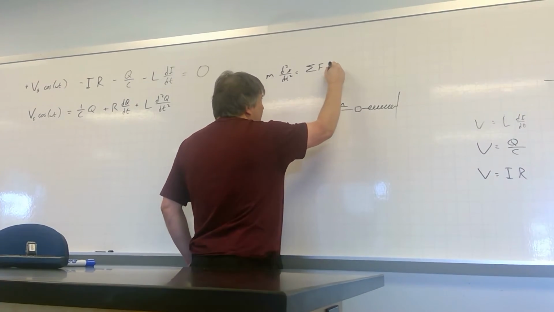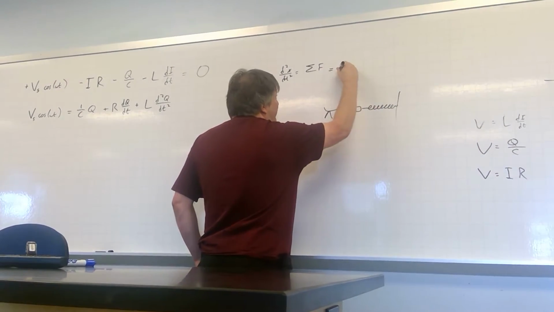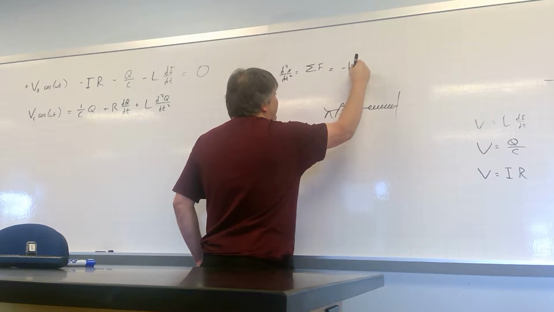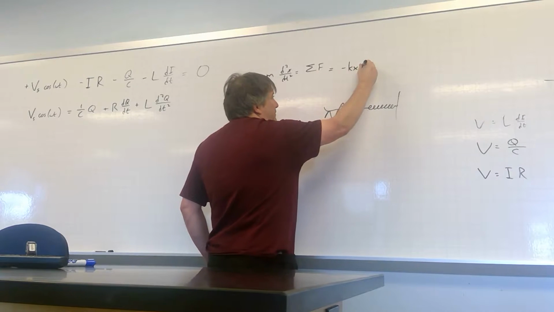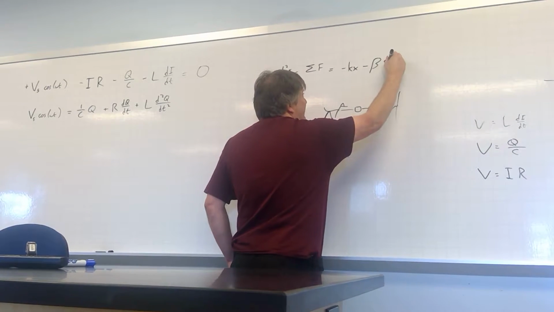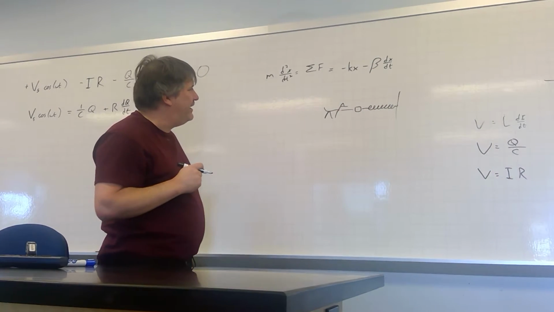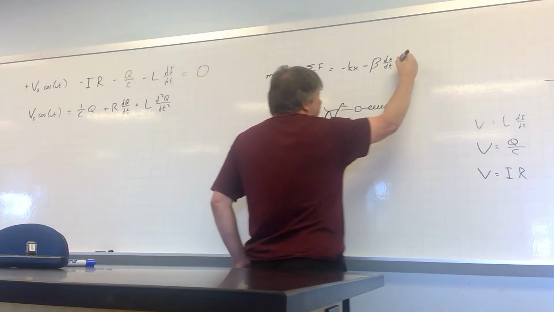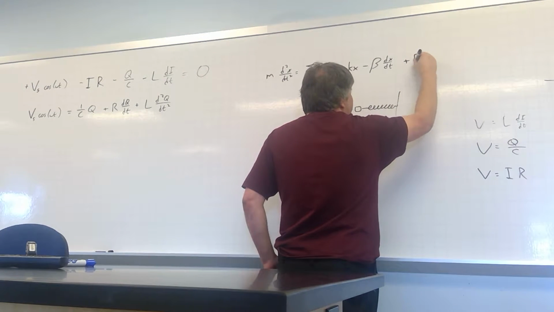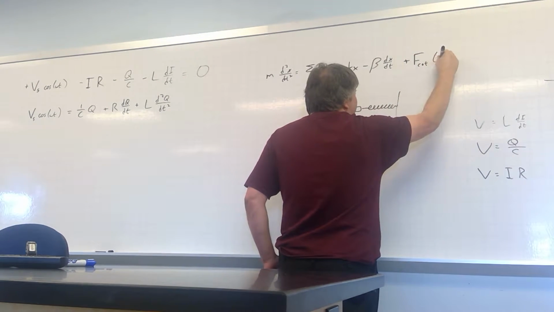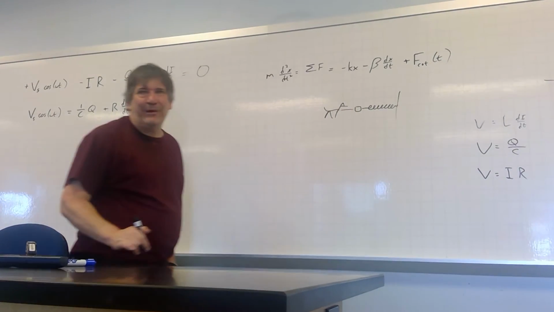And what is the total force acting on that spring? Well, we've got the minus kx from the spring. We have got minus beta dx/dt from the viscous drag on that spring as it cuts through the air. And finally, we have got the force delivered by the cat, who's our outside driving force.